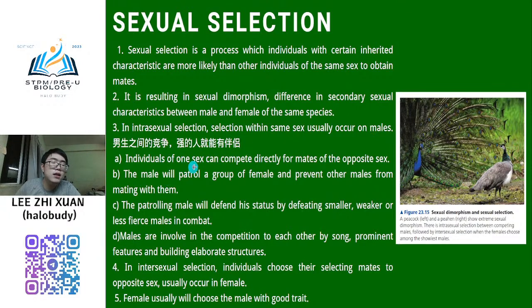And then the individual of one sex can compete directly for mate of the opposite sex. Male will patrol a group of female and prevent other male from mating with them. Normally orang lelaki ni memang senang untuk patrol a group of female and prevent other male.